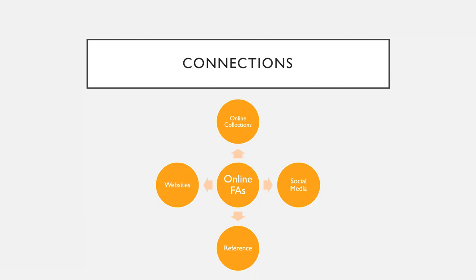So you want to have a website that, again, makes it really clear to researchers where they can find the online finding aid that they are looking for. So those are just a few connections between online finding aids and some of the subjects that we have talked about previously in this semester.